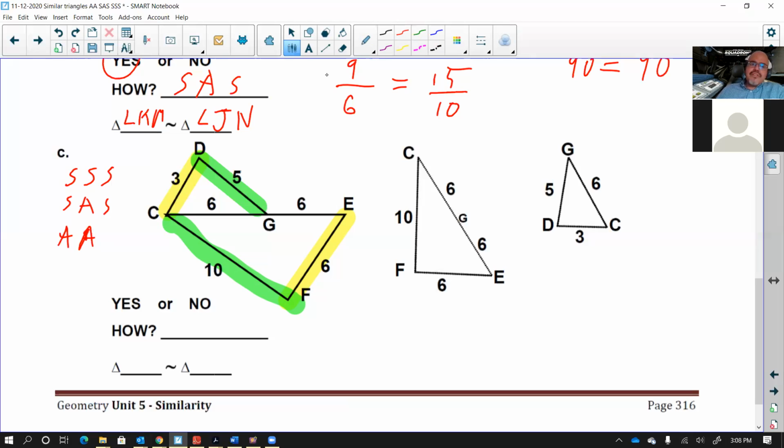But if you notice, the first triangle, CDG, is smaller than the larger triangle, which is triangle EFC. So we have two triangles, one's larger, one's smaller. This is actually a copy of the bigger triangle, which has dimensions.